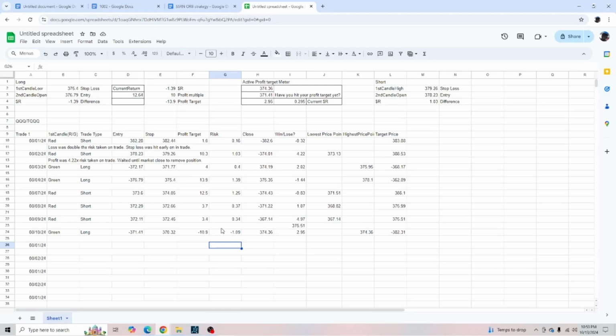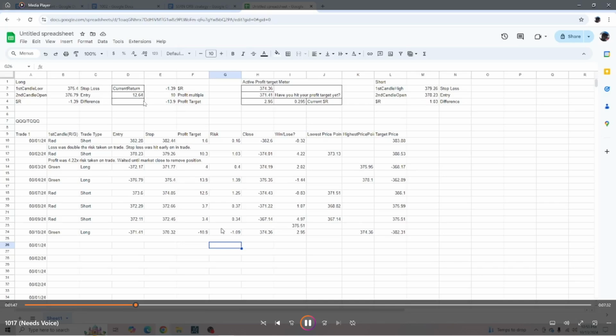One of the things with this strategy specifically is that you can see the current return. It's at the 12.64 number there, near the top of the page.